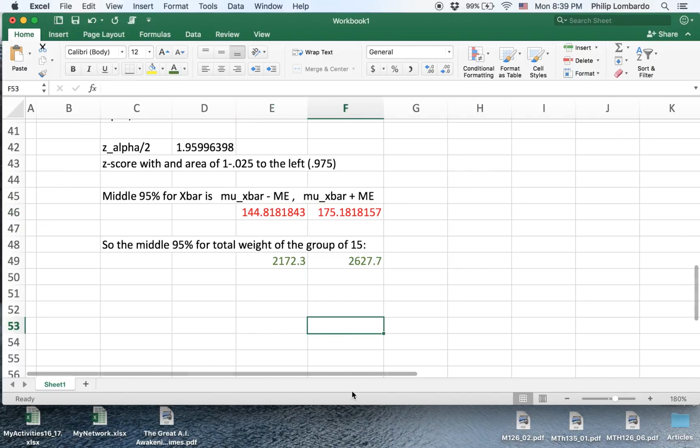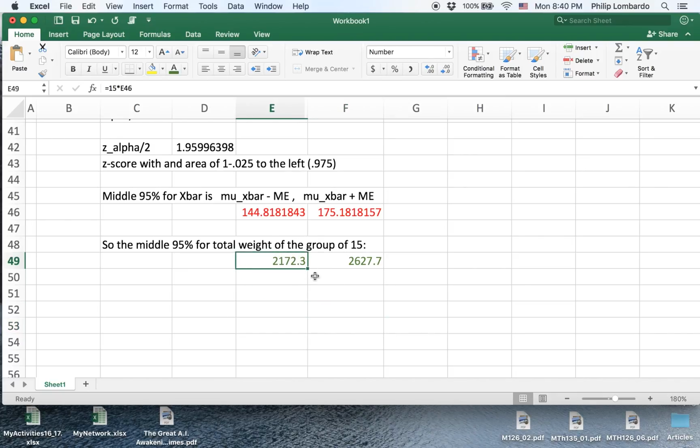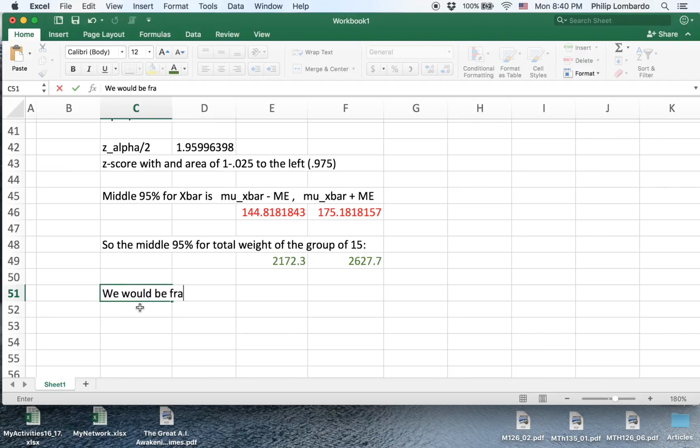But we want to know how much weight we should design our elevator to accommodate. So the middle 95% for a total of a maximum group of 15 people should be anywhere between 2,172 pounds and 2,627 pounds.